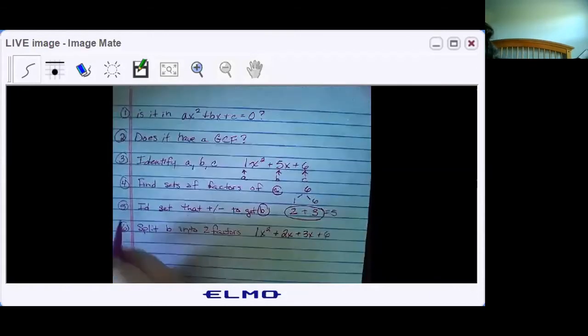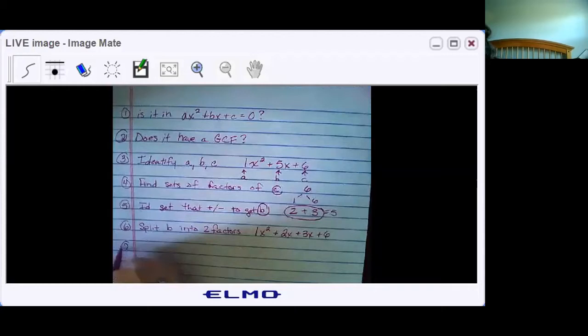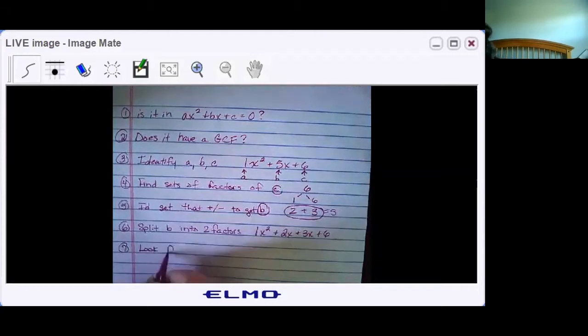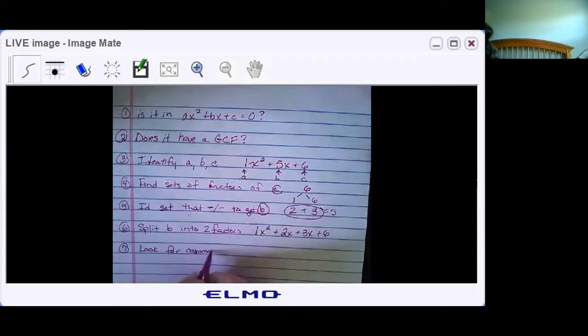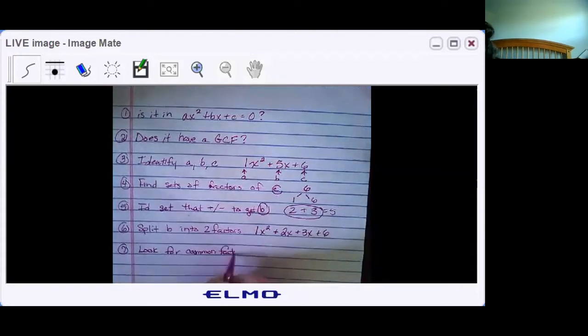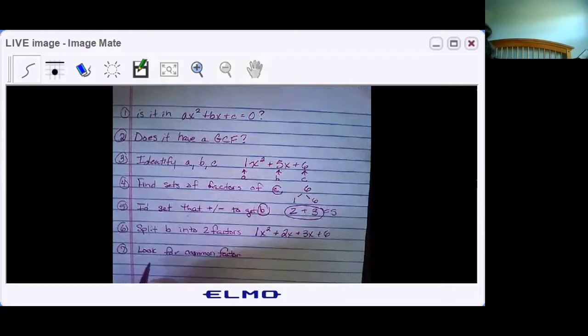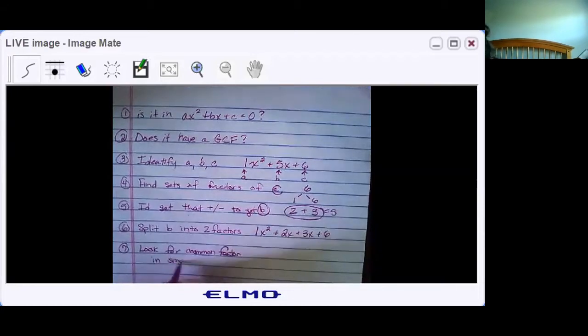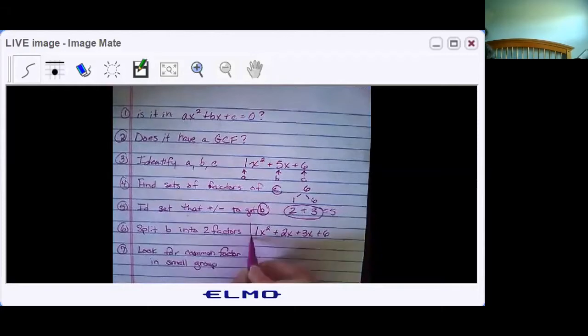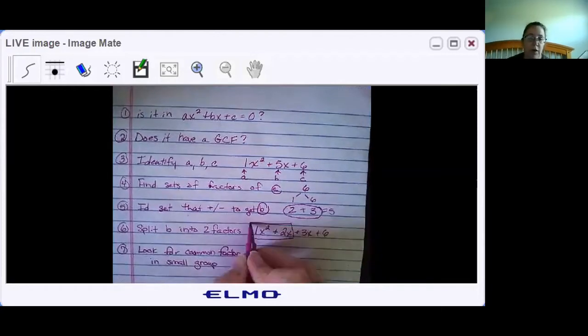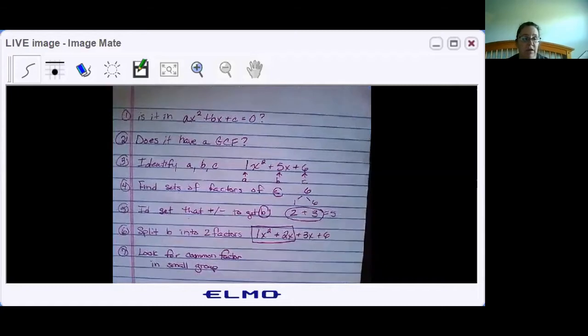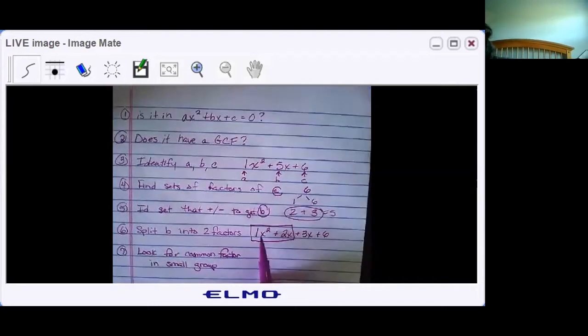Now we're going to look for common factors in small groups. What I mean is I'm going to take the first two pieces, make them one group. Do they have a factor in common? I've got x squared and an x, and a 1 and a 2.